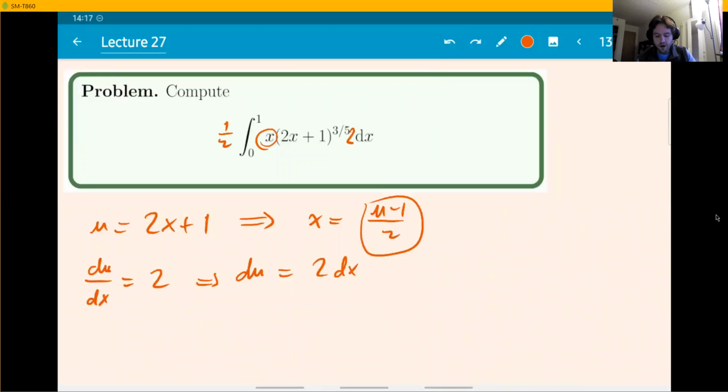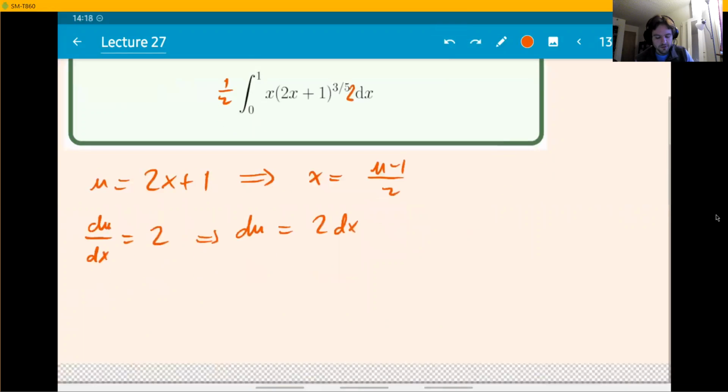And obviously, you're only going to get u from this entire expression. This is equivalent to this. So it's better for you to just replace 2x plus 1 with u already, instead of replacing the inside x with this expression and then calculating the whole thing. You're just going to get u anyway.